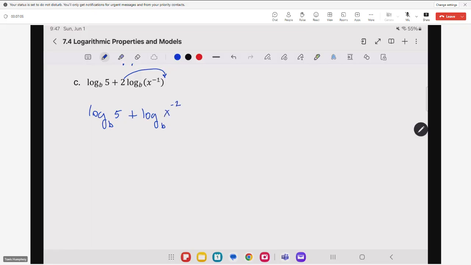Power to a power, you multiply the powers, and then product rule, log base b of 5x to the negative 2, and then get rid of your negative exponent just to clean it up, log base b of 5 over x squared.